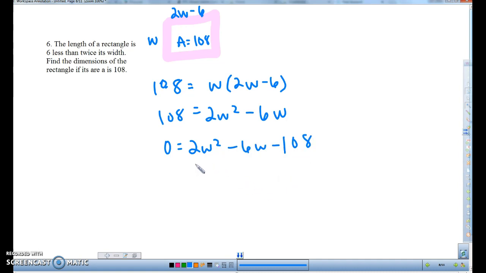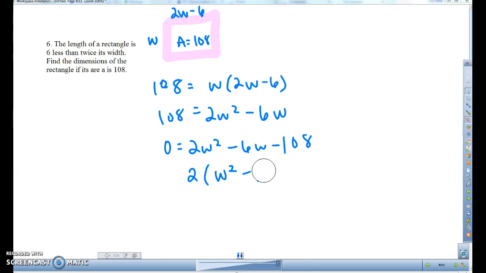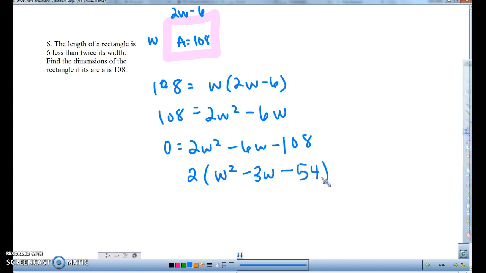Looking at this, I'm seeing that all of these terms are even, so it might help if I take a 2 out before I start factoring, which will not make this a 6W, but instead will make it a 3W and minus a 54. If you went ahead and multiplied 2 times negative 108 and did the factors of that sum to negative 6, that's fine. It should work that way.